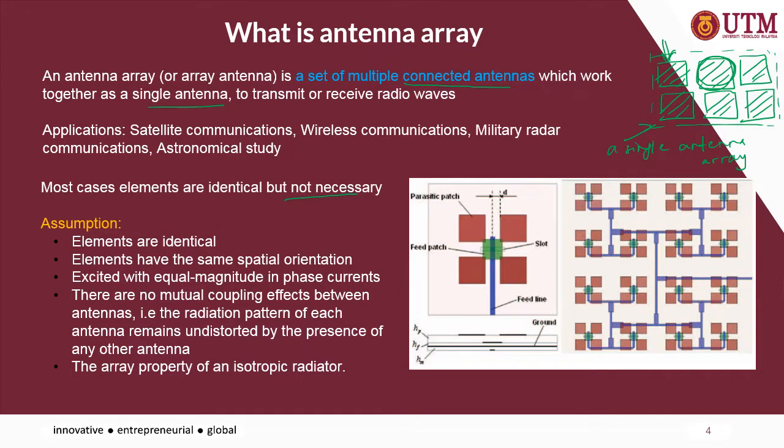All right, for an array, it is usually assumed that the elements are identical, have the same spatial orientation, are excited with equal magnitude and phase, have no mutual coupling between elements, and the array has the property of an isotropic radiator. So meaning that all elements are excited and expected to radiate isotropically.